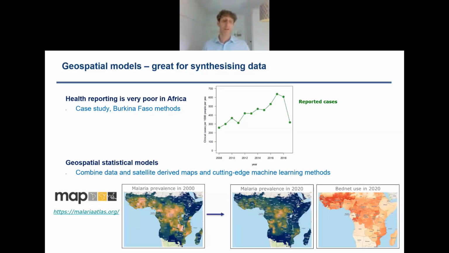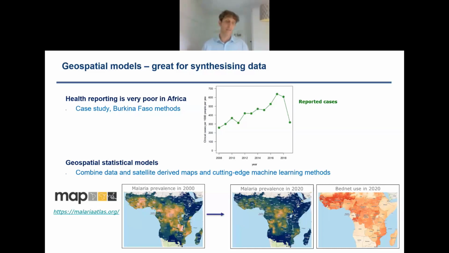Most of it comes from prevalence surveys from the DHS, the Demographic and Health Surveys. And they combine that with satellite maps and cutting-edge machine learning methods, and effectively find a statistical association between malaria and how it's changed over time.